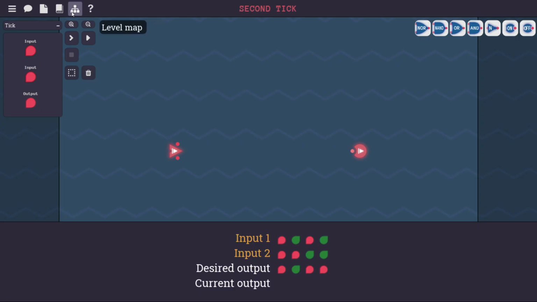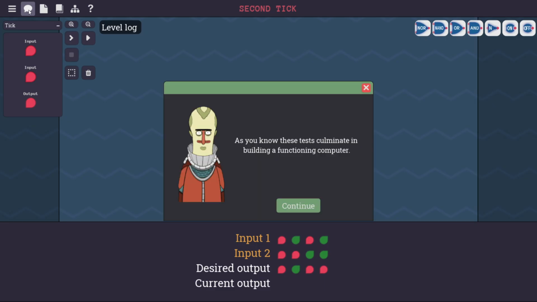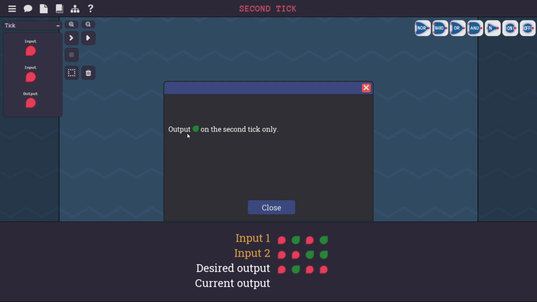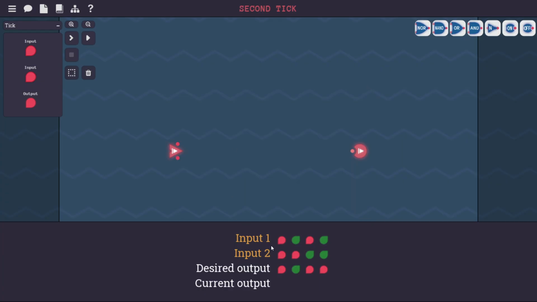I didn't catch that. We can just refer to the level ones. Or output green on the second tick only. Okay, that means that... Second tick. Confused.